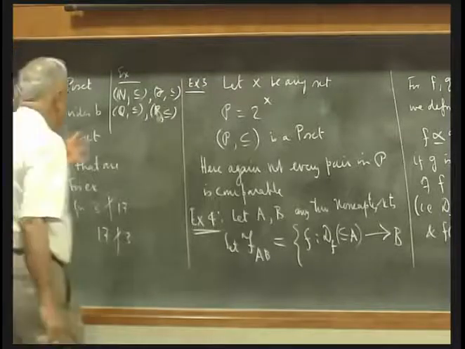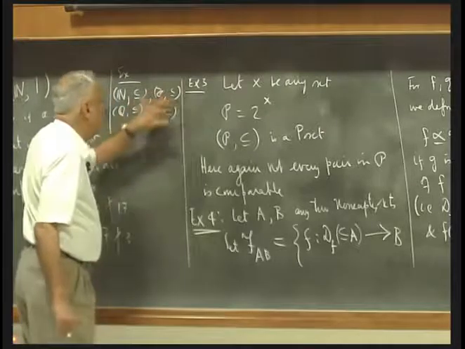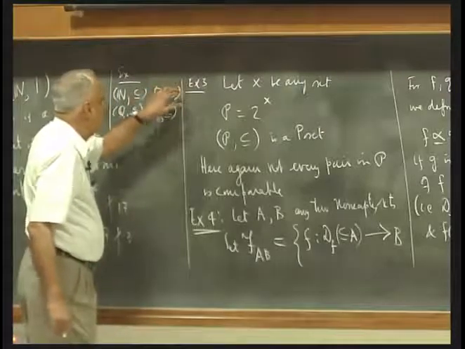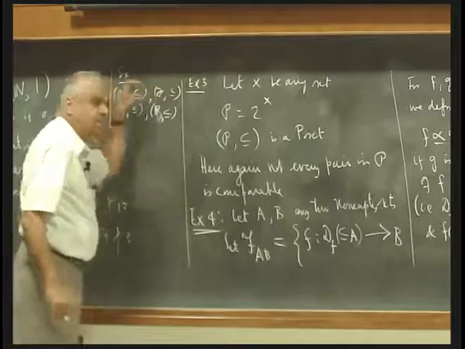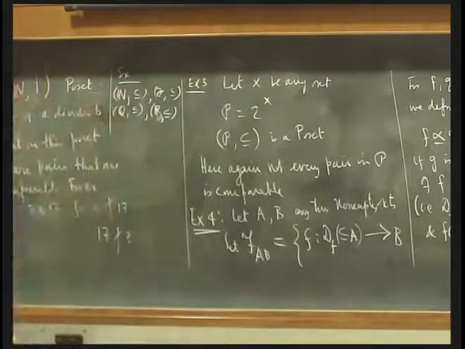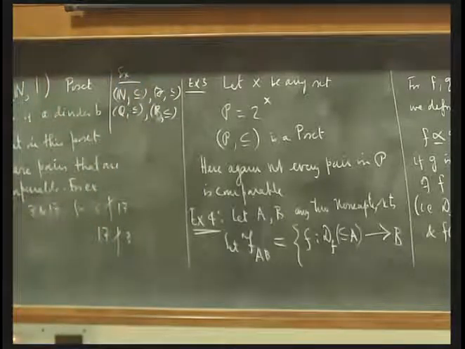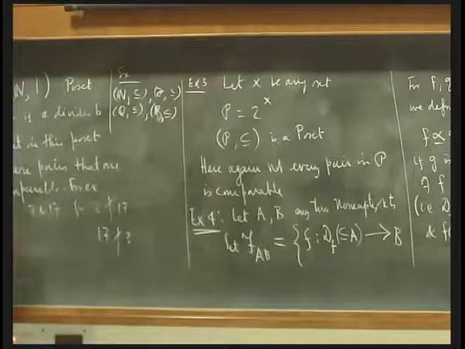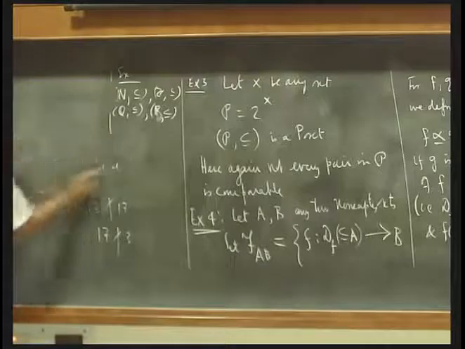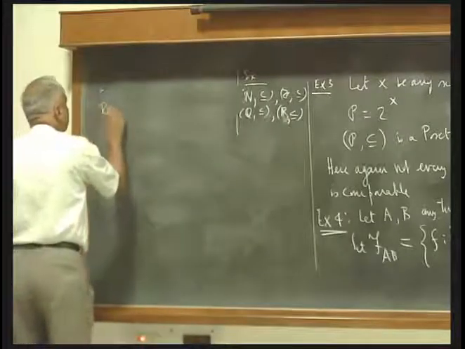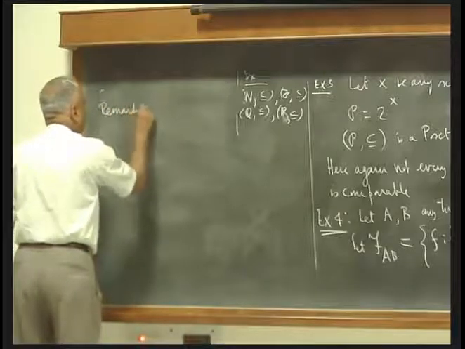What this says is, if you take a big partially ordered set, take a subset in it, and restrict that order only to those elements in that subset, that also becomes a partially ordered set, and we call that a subset. So that's the first remark. I will erase these examples, and I can refer to them whenever I want. Some remarks, or observations.